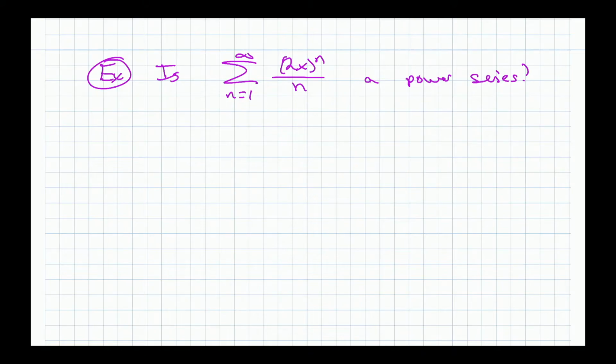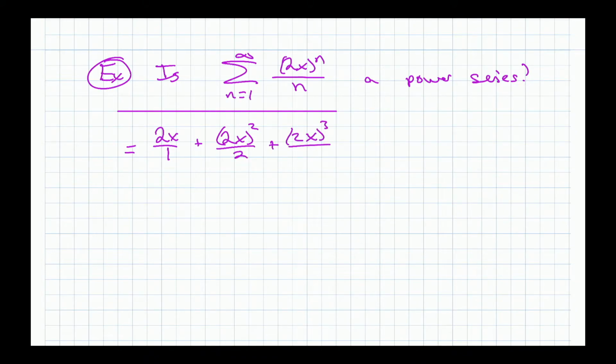Well, you can write out a few terms and see if it is or isn't. If we put in a 1, we get 2x over 1. We're putting 1 in for n, not for x. And then 2x to the 2 over 2, 2x to the 3 over 3, 2x to the 4 over 4, dot, dot, dot. So that's the formula.